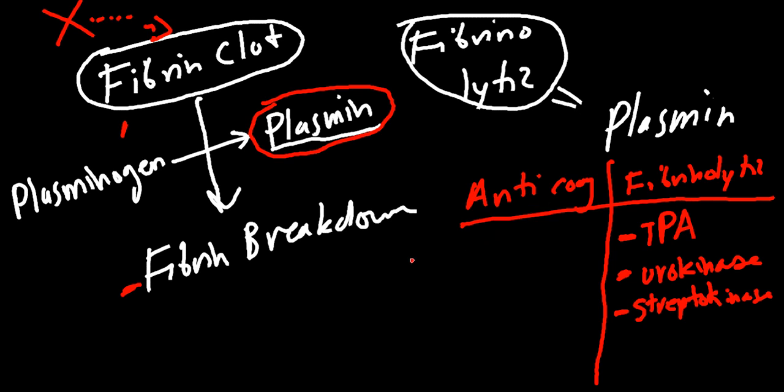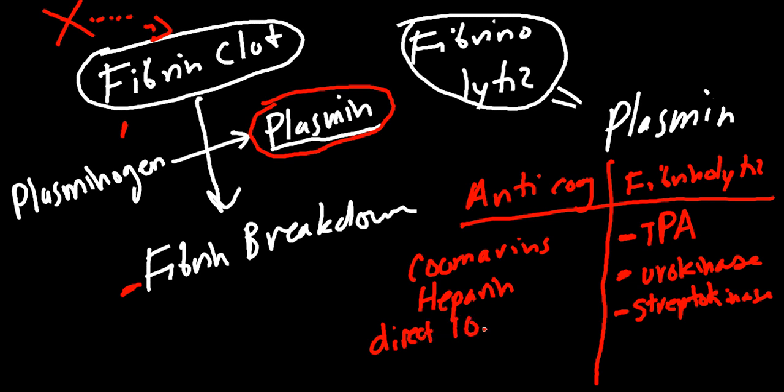Anticoagulation. So what are some of the anticoagulatives? Well, some of the main ones are going to be the coumarins, and then the heparins. So heparin is going to be a major anticoagulative. You'll also have direct factor 10 inhibitors.